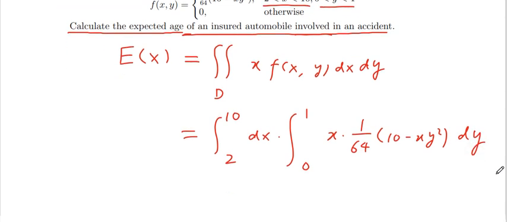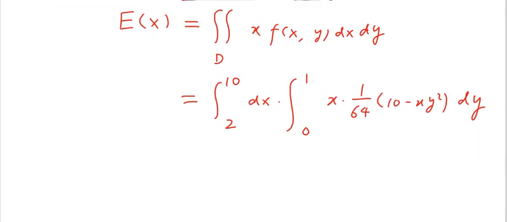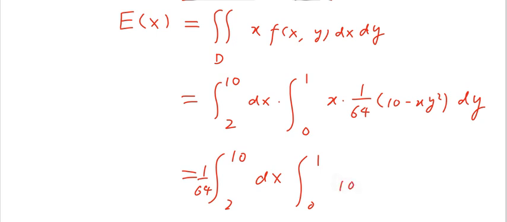For this integration, maybe we put the constant outside. We have x times 10, so 10x is constant, but here we have x times y squared.